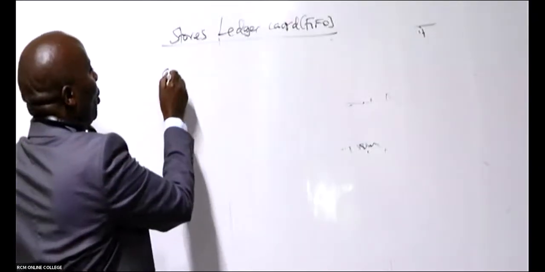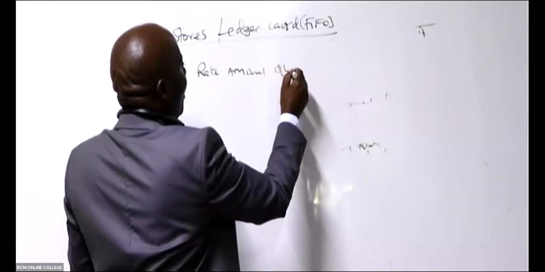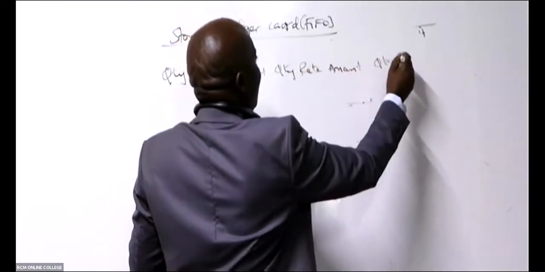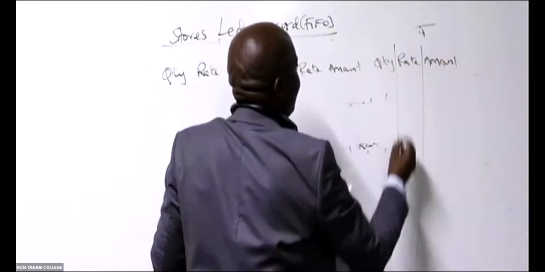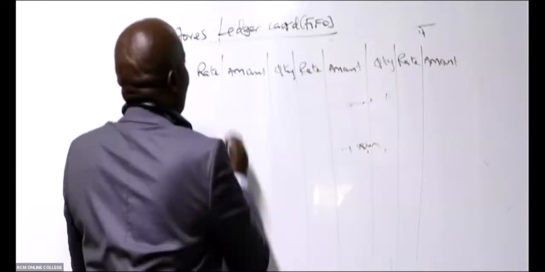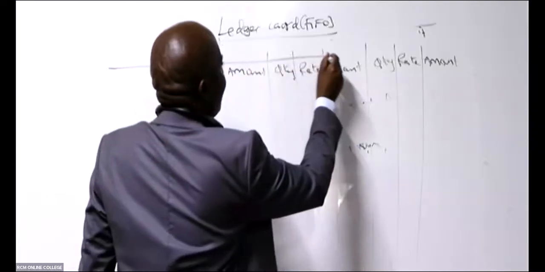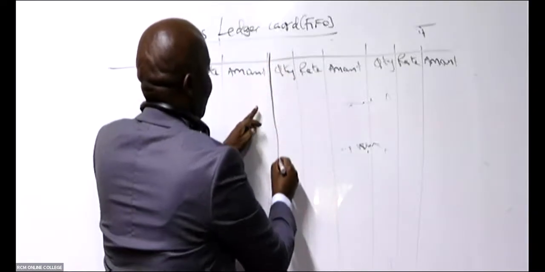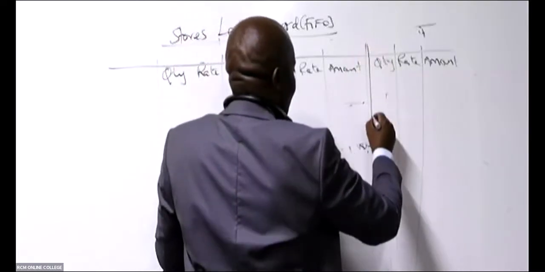Once you skip a line, you write here quantity, rate, amount. At the end of the amount, we shall always have double lines.